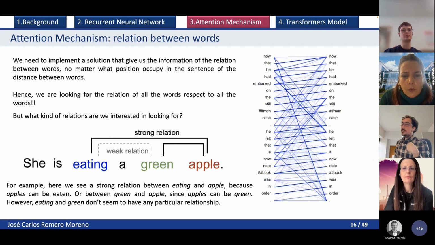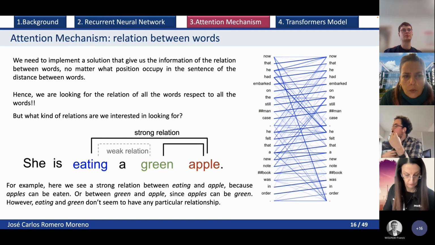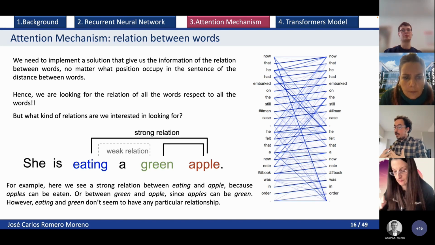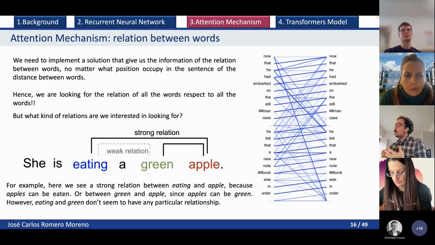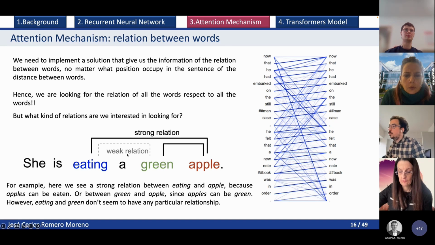The idea is we want to keep the information of the word, but not only the information of the words. We want to keep the relation between the words, this closer relation that I have explained. We want to be able to store the meaning or the relation between words, no matter in what position the word is stored in a sentence or in a text. For example, in this example sentence, I want to keep the strong relation between eating and apple, because they are two words that are very related.